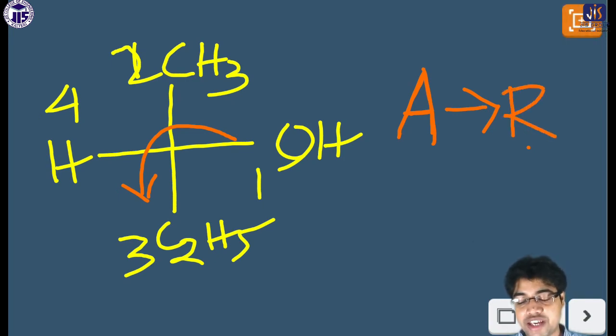It should be S if 4 is on the y-axis, but as 4 is on the x-axis, it will be R. Clear? So here anti-clockwise direction means R, because 4 is on the x-axis. Okay, clear?